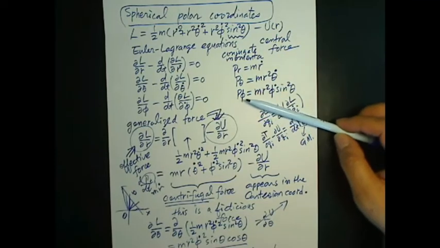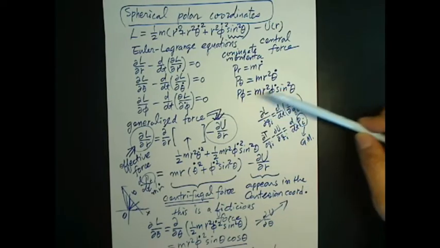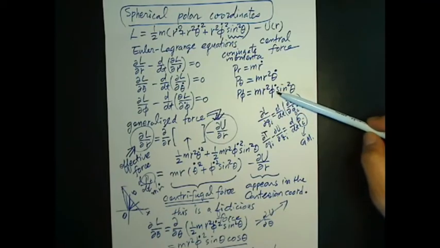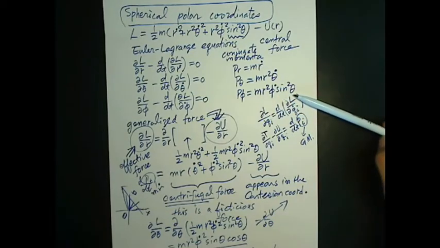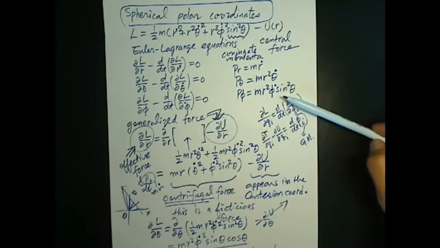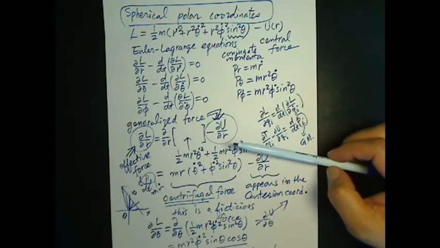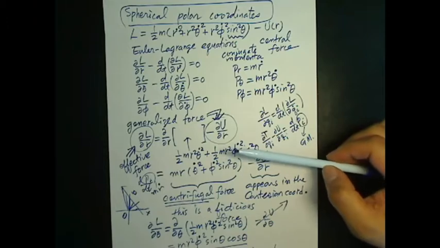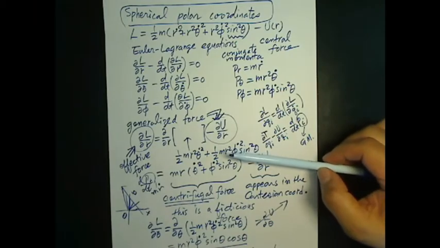And the generalized momentum corresponding to the generalized coordinate phi is m r squared phi dot sine squared theta. Again, r sine theta is the scale factor for the coordinate phi, and that is the lever arm for the rotation about the z-axis.